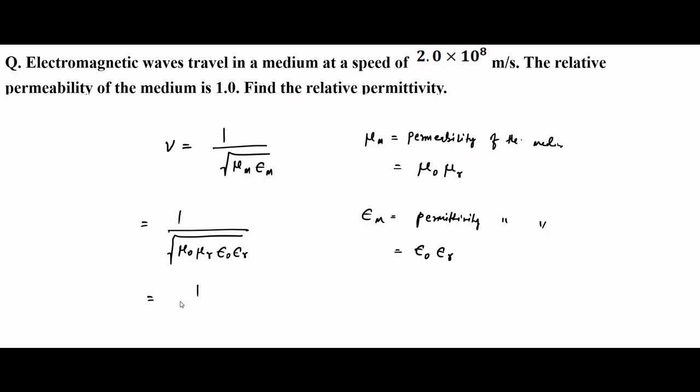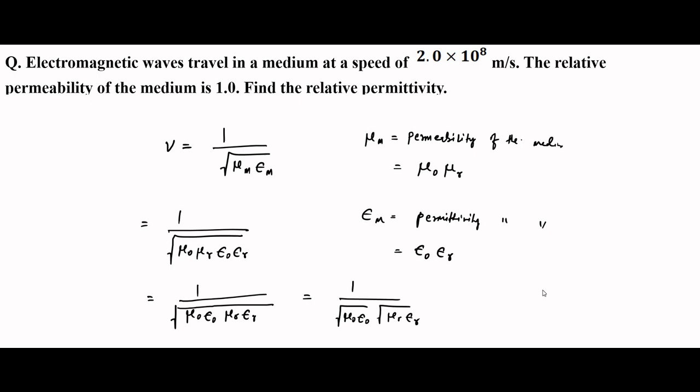We can rewrite it by rearranging them: mu 0 epsilon 0 mu r epsilon r. Or we can again rewrite it as root over of mu 0 epsilon 0 into root over of mu r epsilon r.